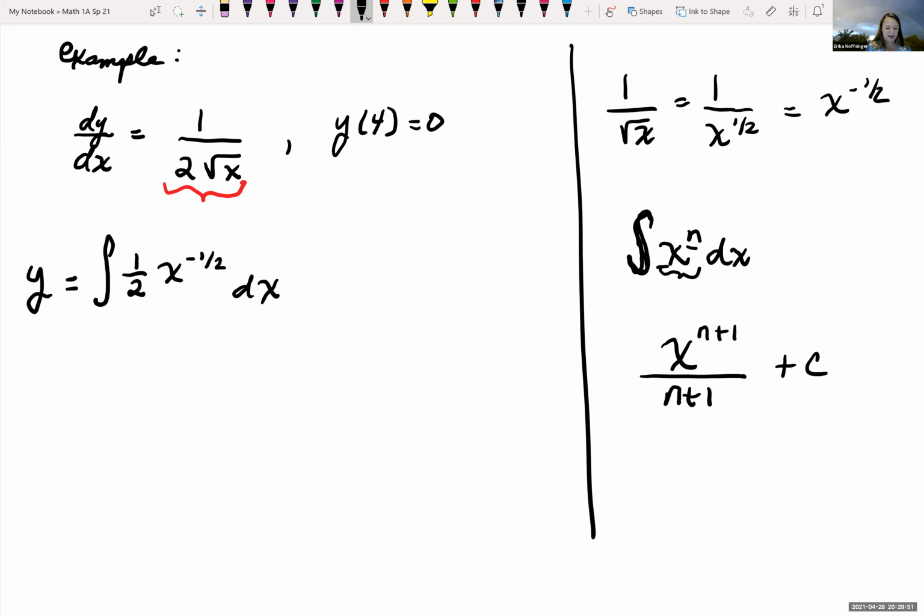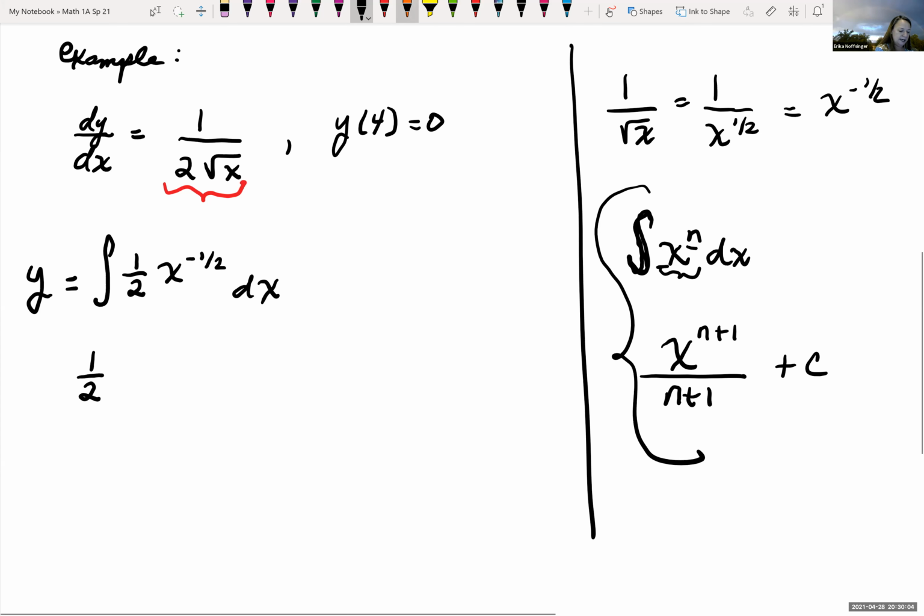So remembering this, let's now take the antiderivative of 1/2 x to the negative 1/2. We don't have to worry about the coefficient, we leave it alone, 1/2. Now taking the antiderivative of this, we add 1 to the exponent, so negative 1/2 plus 2/2.